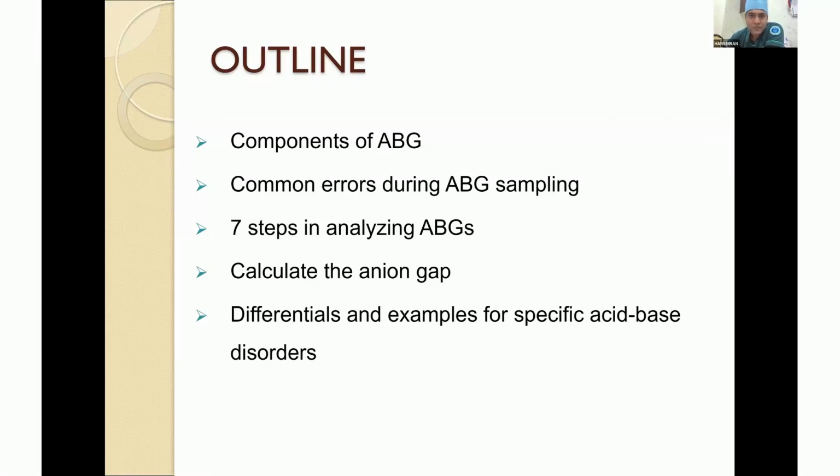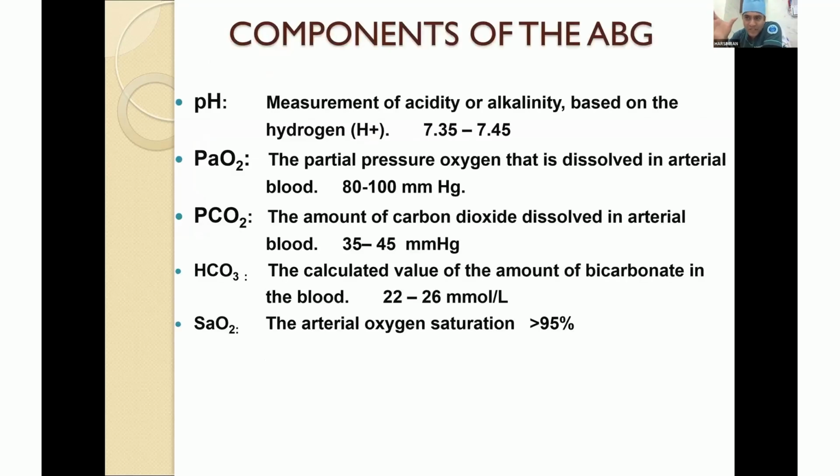So first and foremost, components of ABG. Once you have an ABG in your hand, what all do you see? There are a list of almost 15-20 parameters that we normally see. We don't have to be hassled seeing all these values. The paramount important values are just 4 and 5.